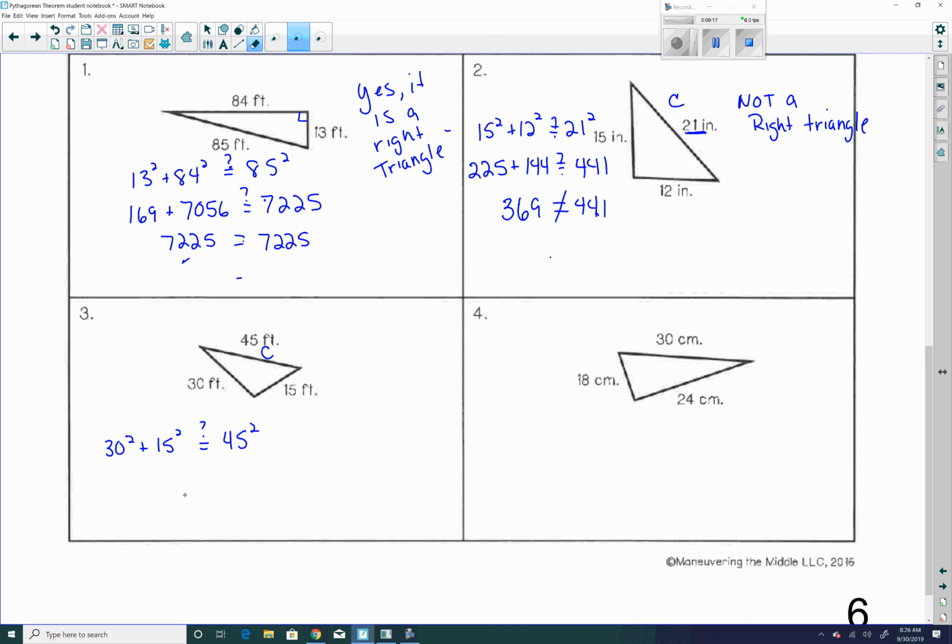Did you set it up the same way? Okay. 30 squared is 900. 15 squared is going to be our 225 again. And 45 squared is 2025.